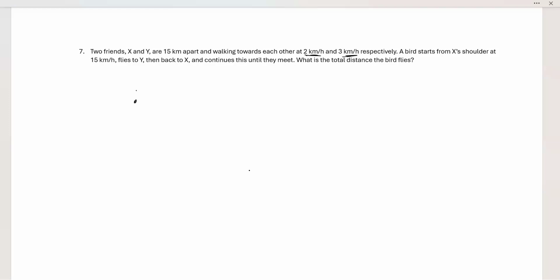So let this be one point and this be the another point. Let this be A and this be B. So X starts in this direction, Y starts in this direction. Speed of X is 2 kilometers per hour and speed of Y is 3 kilometers per hour, and the distance between the two is 15 kilometers.